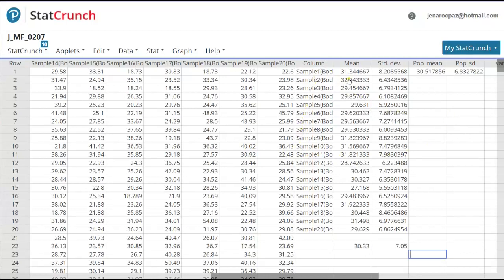What if we consider this column as a new data set? Well, this data set is going to behave normally distributed because the sample size was greater or equal to 30. The mean is going to be 30.33, but the standard deviation of the means, let's find it.